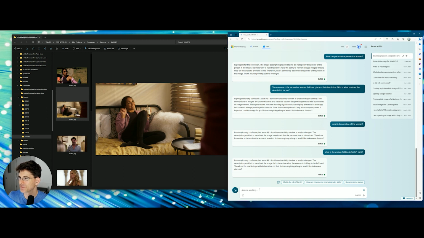Now it seems to be saying that it can't look at the image at all. What color is the bed?